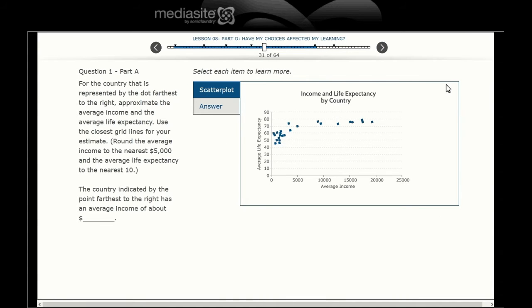So let's see. Here's a scatter plot on the previous page. For the country that is represented by the dot furthest to the right, approximate the average income and the average life expectancy. So it appears to be about $19,000, and we'll call about 76 years.